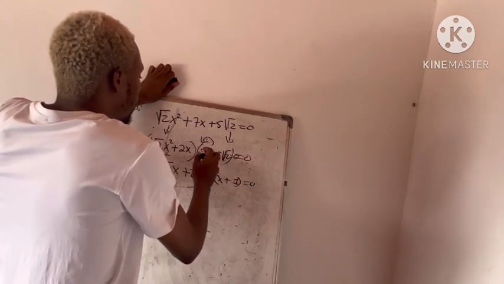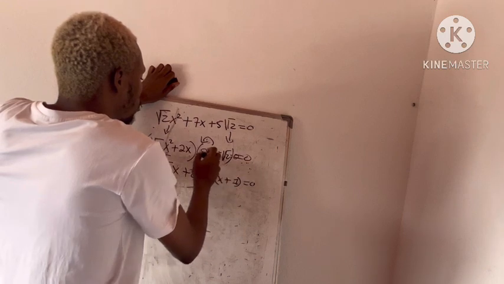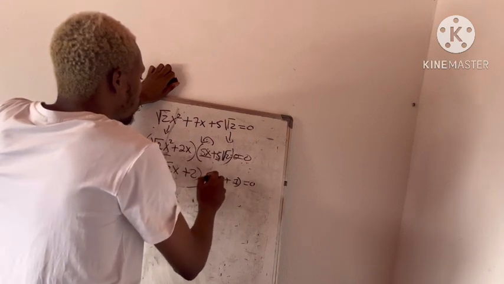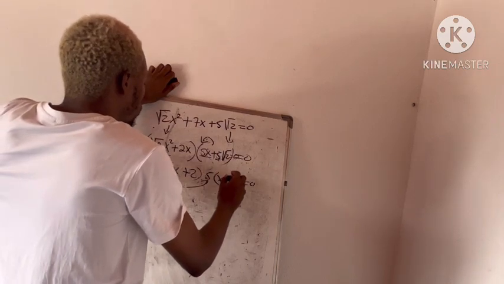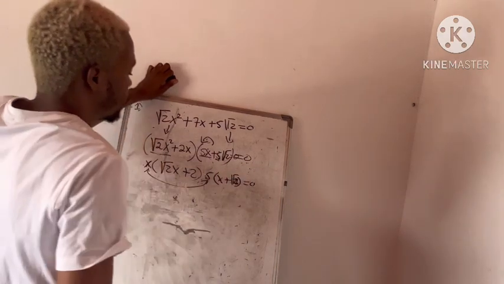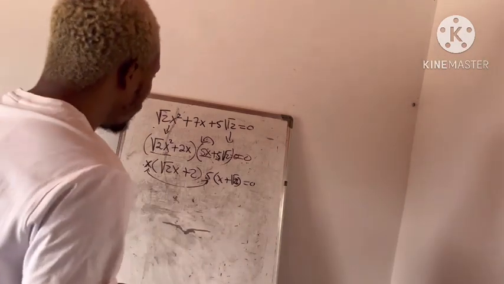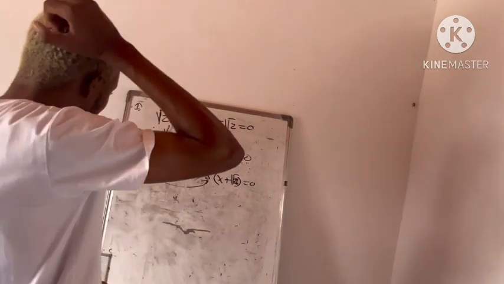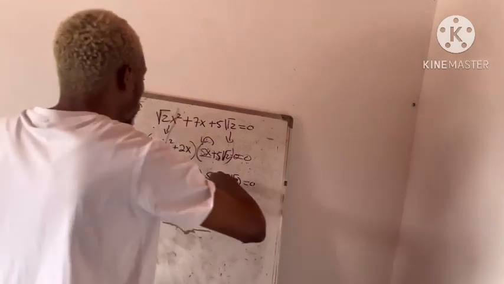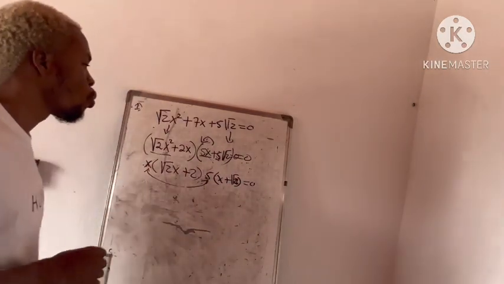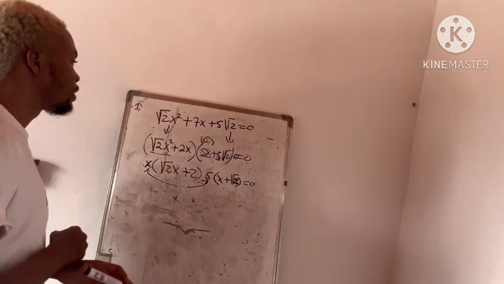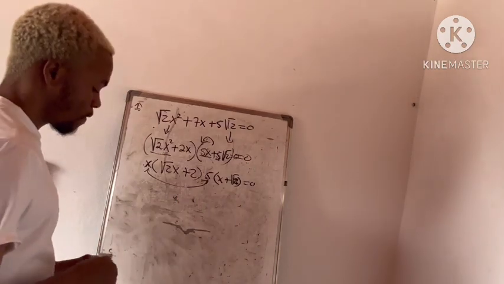So here, when you factor out 5, you have 5 times x, you have 5x plus 5 times root 2 gives you 5 root 2. But still here you got x plus root 2, and here you have root 2x plus 2. You see?